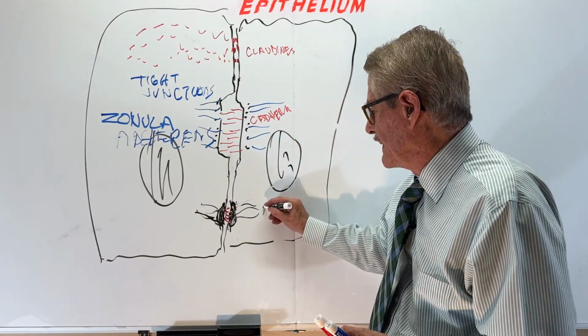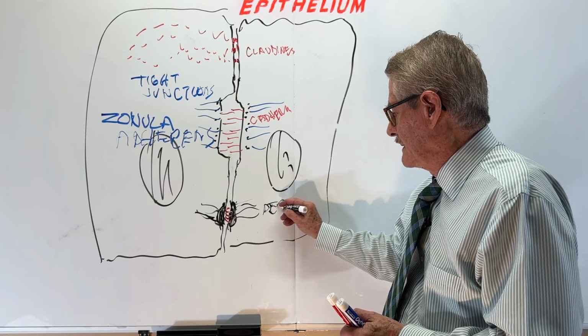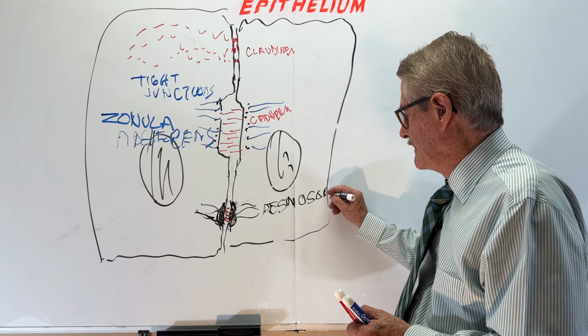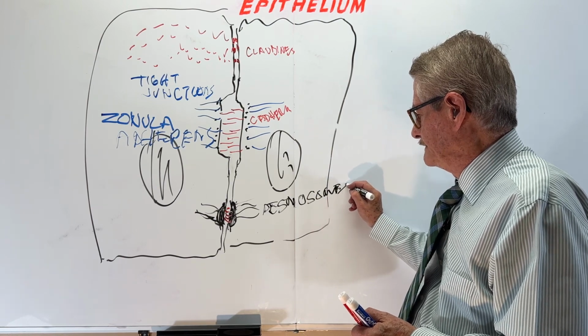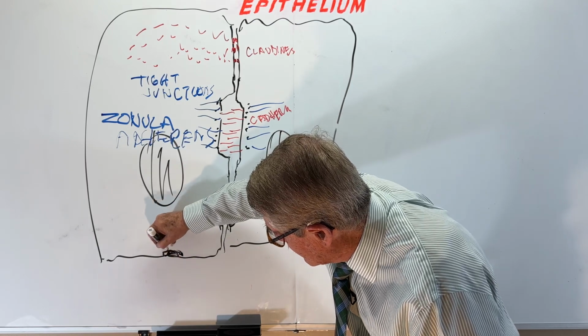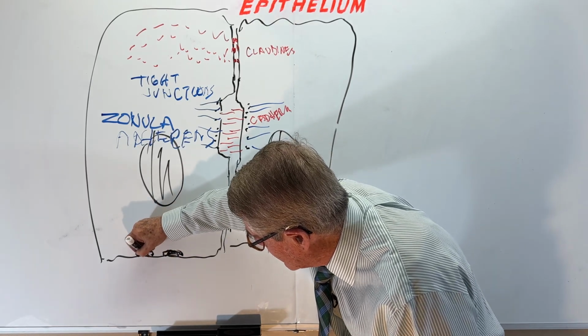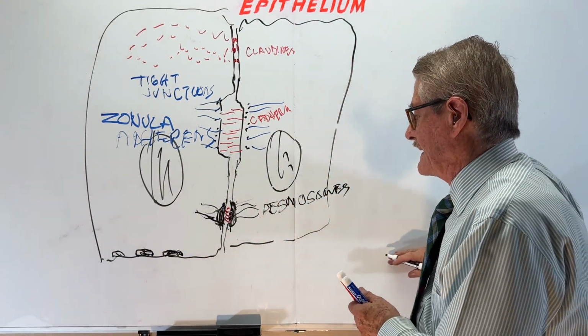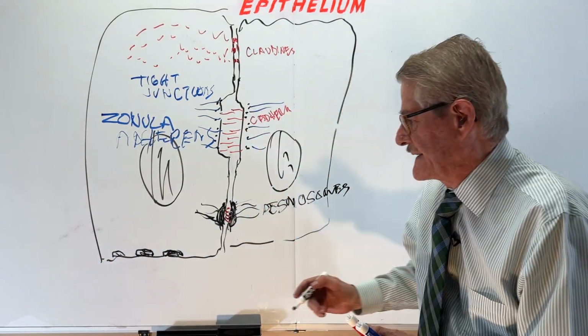Now, what about the hemidesmosomes? These are the desmosomes. And these are the hemidesmosomes, that are half of a desmosome that attaches to the basement membrane that underlines most of the cells of the body.